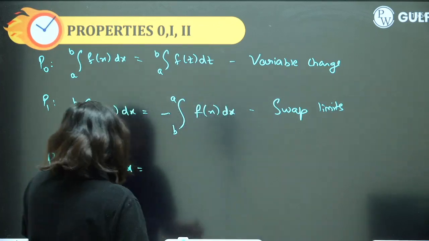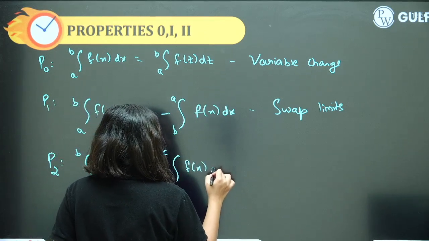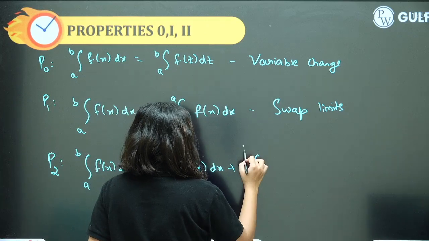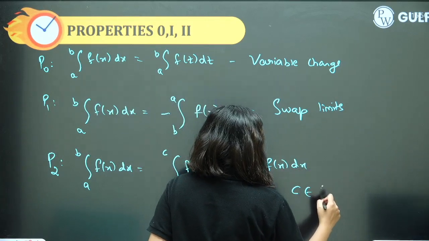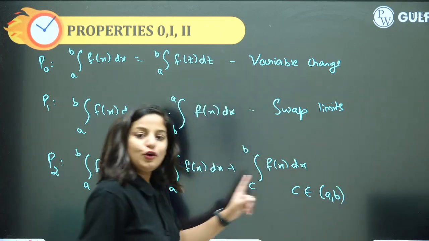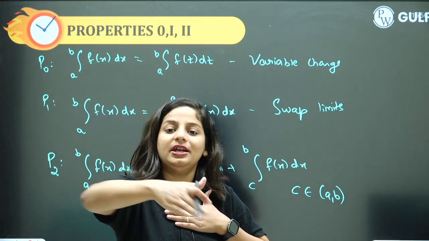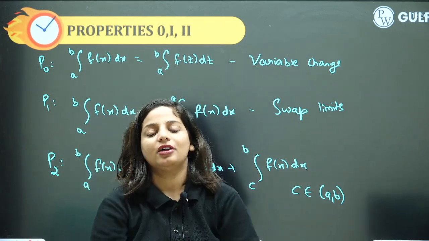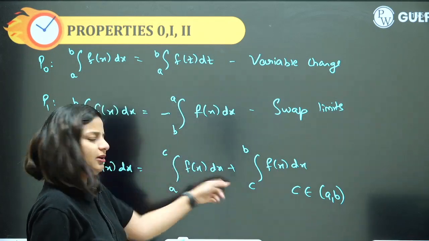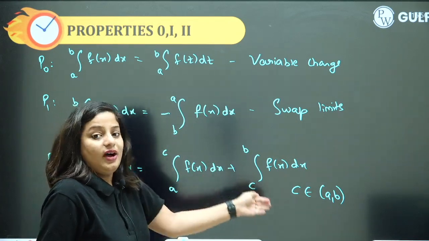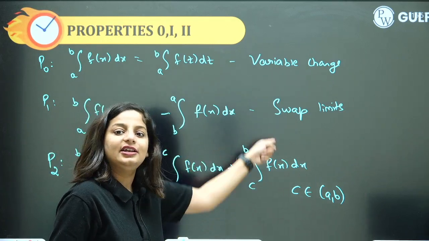Yeah. So if a to b f of x dx, can I split it as a to c and then c to b? Remember, this c should be between a and b. Of course, c should be between a and b, me and school. So whoever is coming in between us can be a part of my journey. So a to b, c is coming in between, it can be a part. If there is one more number d coming in between, it can be a to c, c to d, and then d to b.